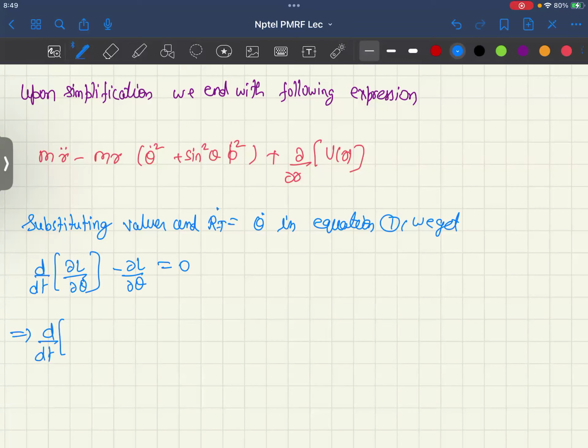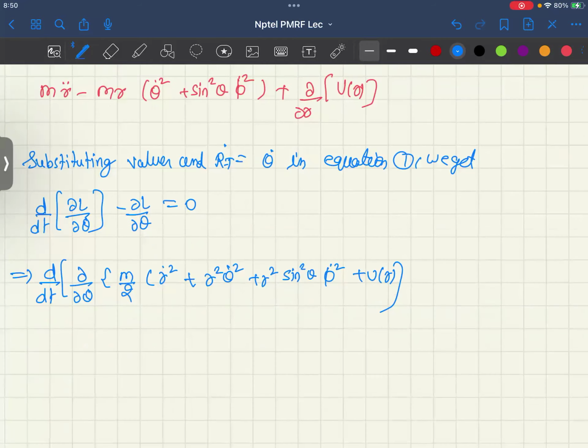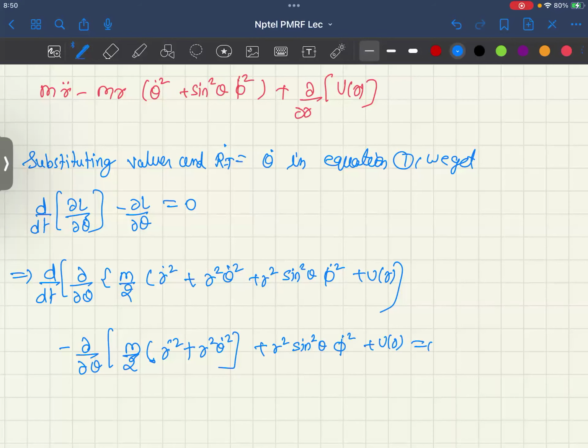This implies d by dt of dou by dou theta dot of m by 2 (r dot square plus r square theta dot square plus r square sin square theta phi dot square) minus U of r, minus dou by dou theta of the same Lagrangian equals to 0.